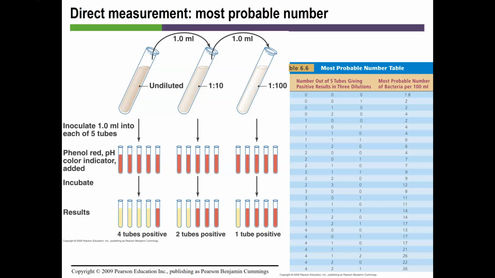What this image is illustrating is that initially you do some dilutions of your sample, and then you use those dilutions to inoculate sets of differential media. If the organism is present and grows, the media changes color.